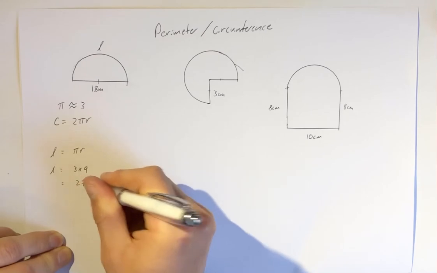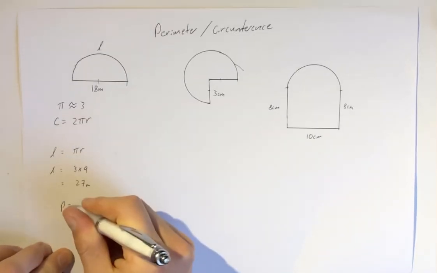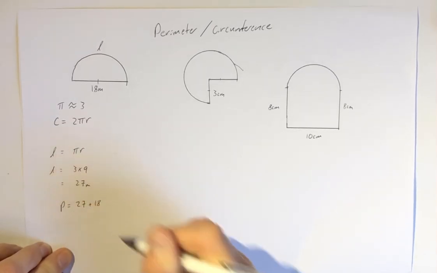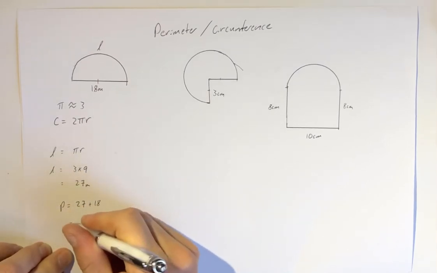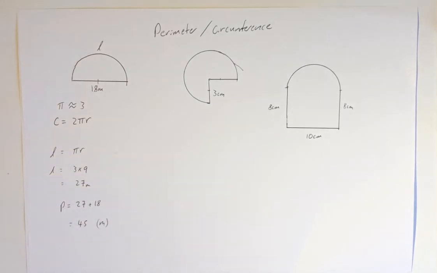So that length is 27 meters. So the perimeter is going to be equal to 27 plus 18. So I'm going to get 45 meters. Hopefully that makes sense.